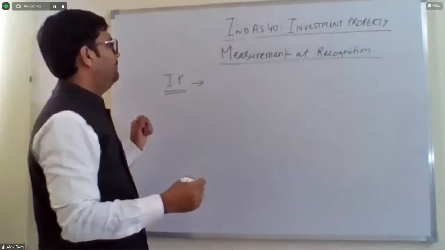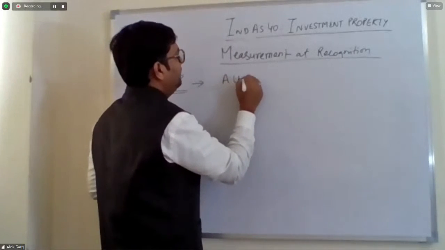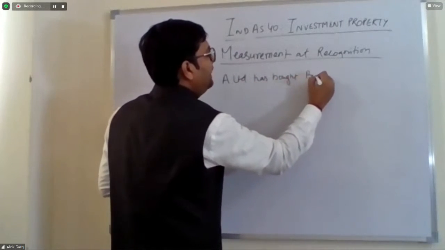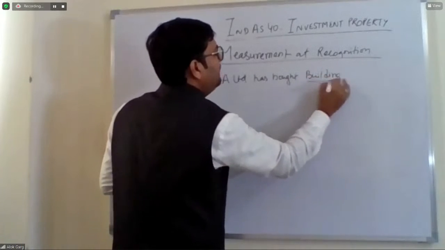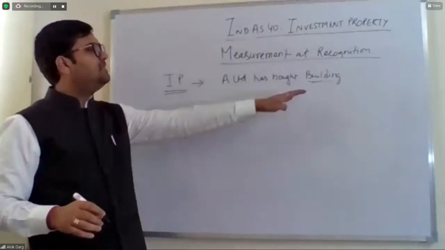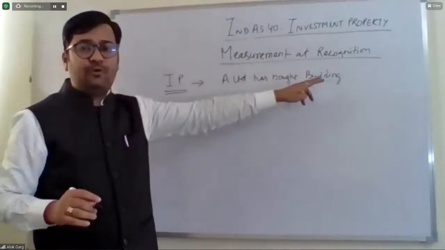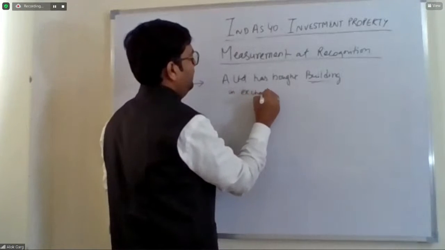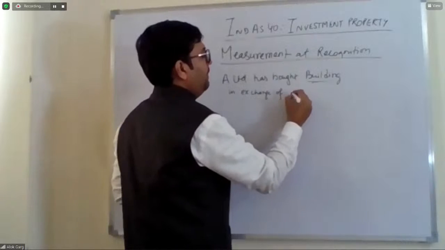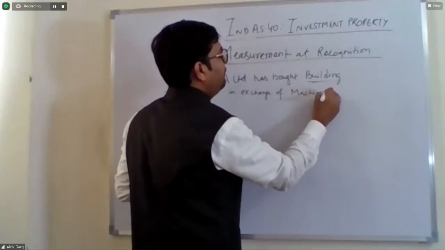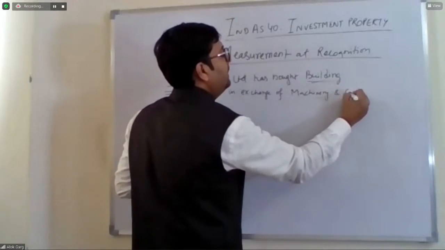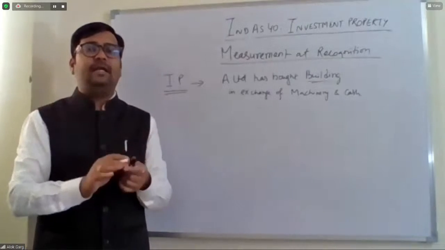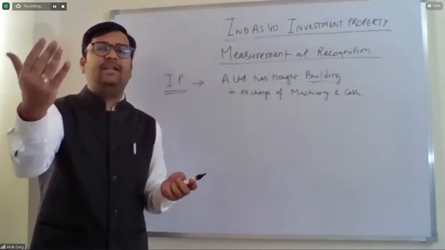For example, the company A Limited has bought a building. This building is for rental or capital appreciation purposes. So A Limited has bought a building in exchange of one of its machinery and cash. So A Limited has bought a building and A Limited has given machinery and given some cash.